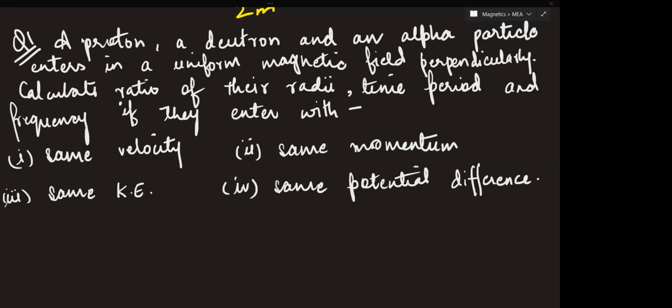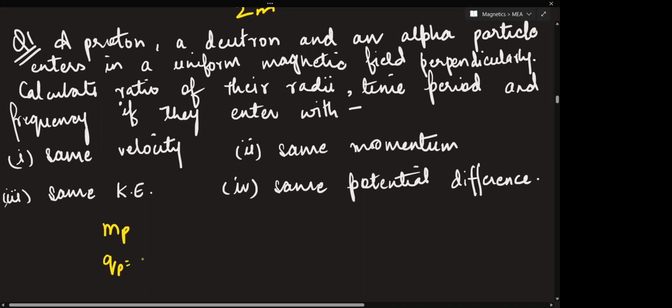For those who are not aware, if the mass of the proton is mp and the charge on the proton is e, this is for the proton, because without this you won't be able to do it. For a deuteron, mass becomes 2 times that of the proton, then only it will get cancelled if they are in the same unit.